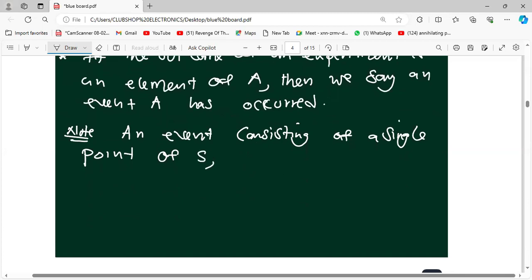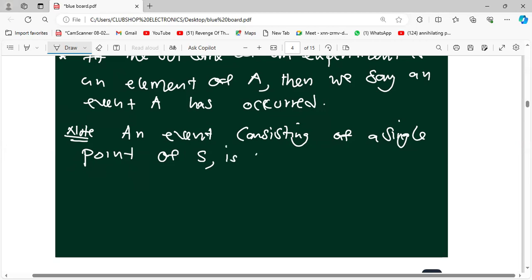What do we say? Then that event is called a simple, or elementary event. We are saying an event consisting of a single point of S, let's say 1, that is one from the possible outcomes, 1 to 6.